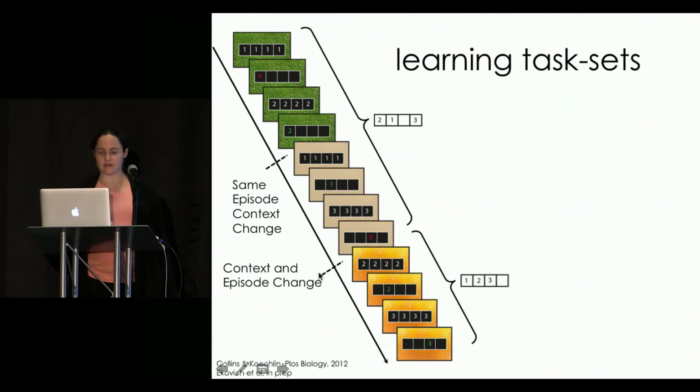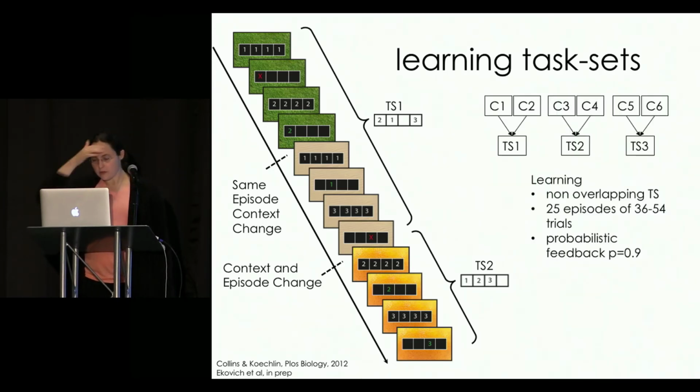Okay, and we made sure that context could change independently of task set changes. Okay, so that would be like going from France to Belgium, but still speaking French, and then going from Belgium to Germany and having to speak German. Okay, so the experiment went like that. We had multiple contexts associated to each task set.